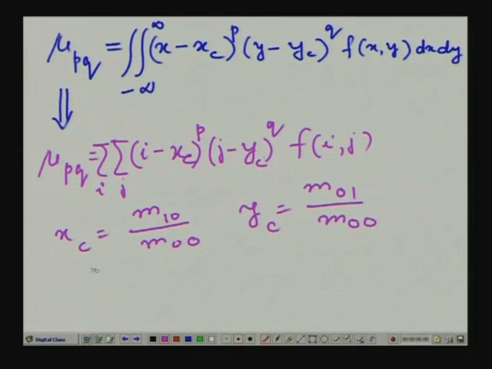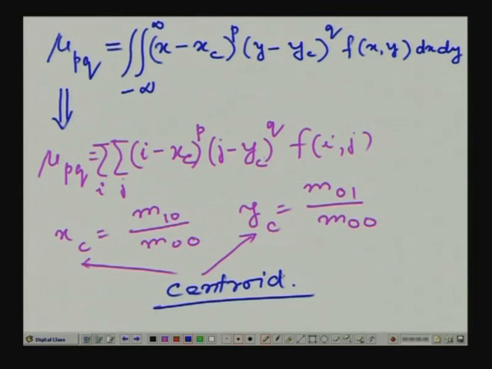So, you find that these two coordinates x c and y c specify nothing but the centroid of the region. That is why it is called the central moment, and once we have this central moment, it becomes translation invariant.